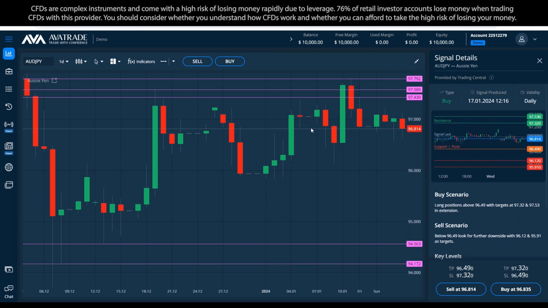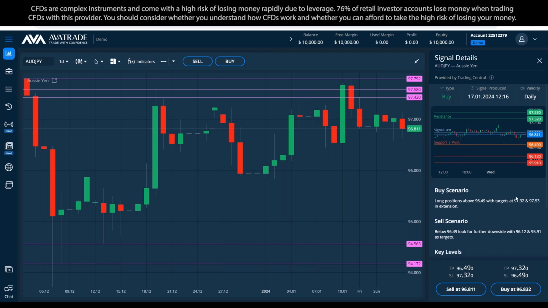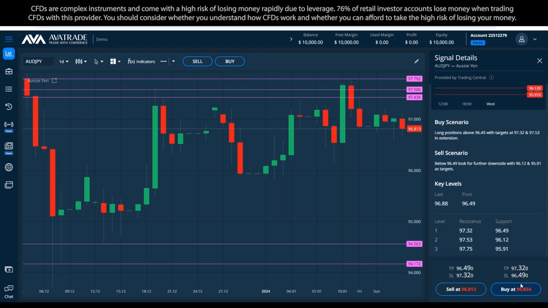Now, when I choose my signal, let's suppose I decided to go with Australian versus Japanese yen. As you can see, we have 2 scenarios here. In here there is an explanation: long positions above 96.49 with targets at 97.32 and 97.53 in extension.